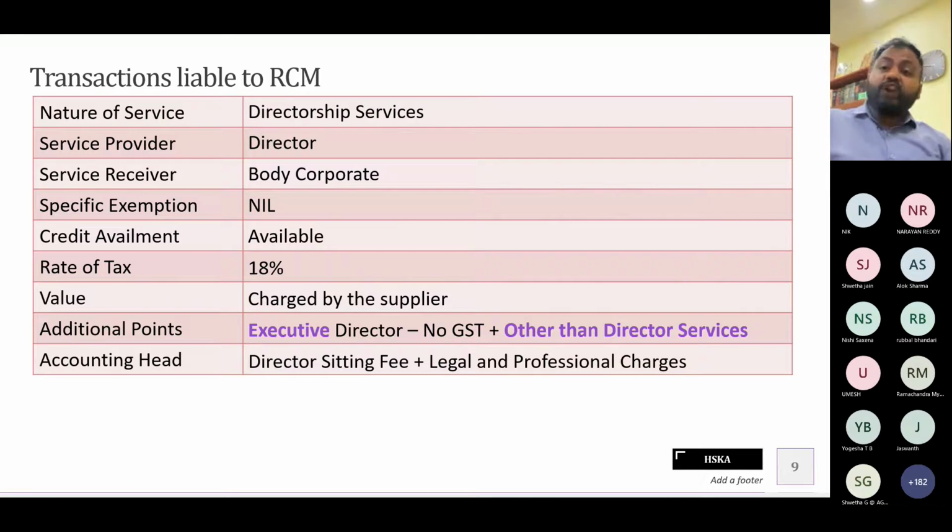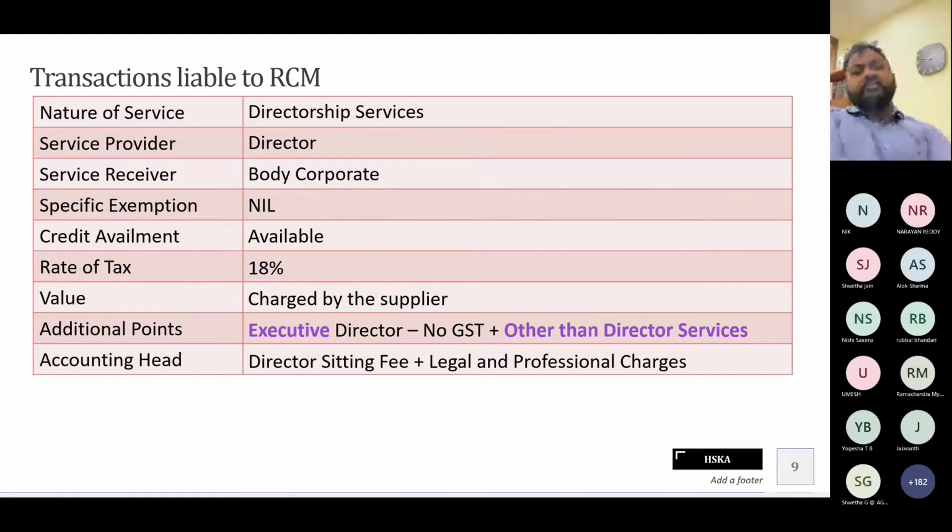In that case, he is not working in the capacity of the director. He is working in the capacity as a third party, as a landowner, as an architect, as a consultant. In these cases, the director only will have to pay tax under forward charge mechanism. I am not required to pay tax under reverse charge mechanism. So please identify the relationship for all the payments which you are making to the director. If it is for the directorship services, reverse charge.